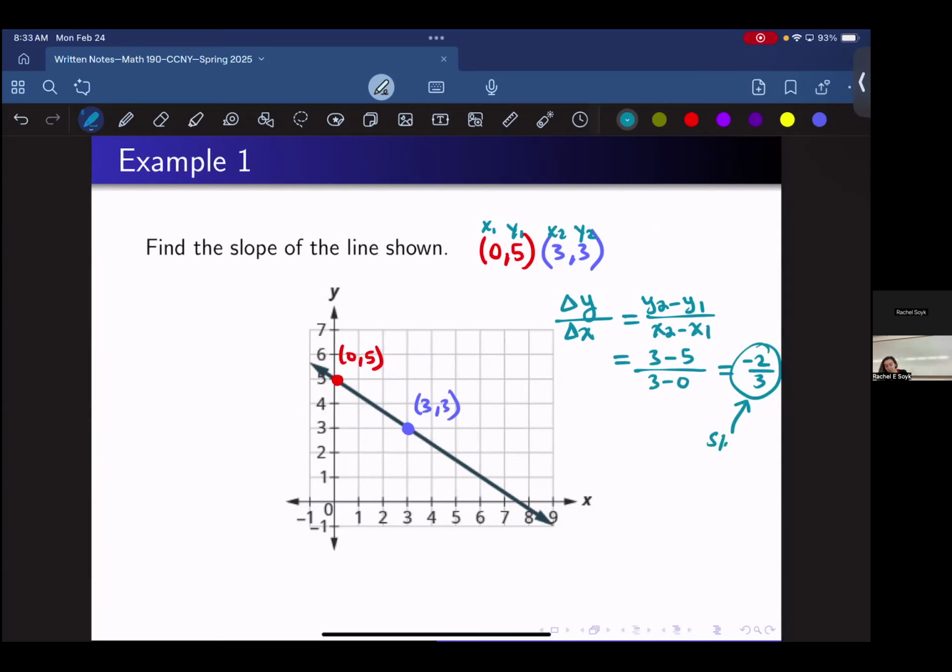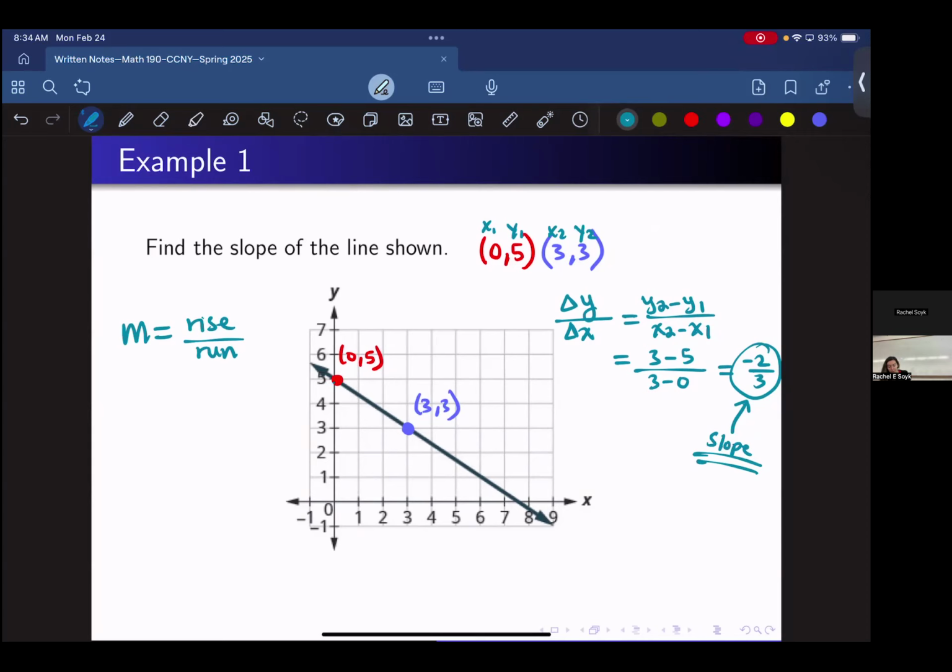And you would definitely use this procedure if you're just given the 2 points and not the graph. But if you're actually given a graph, I would just use your knowledge of rise over run. How many units are you going either up or down and then running across?